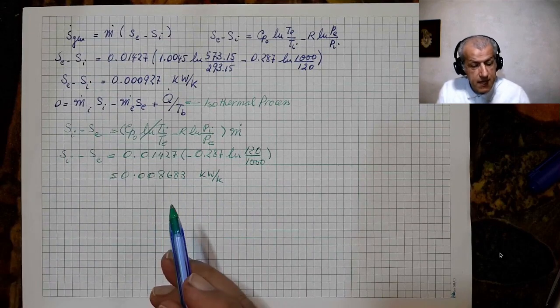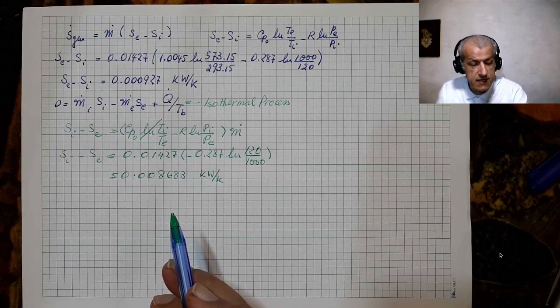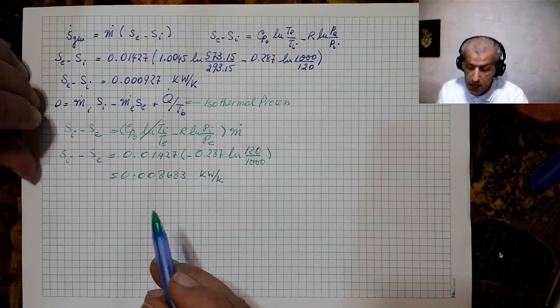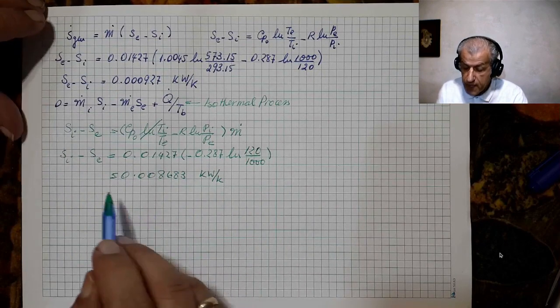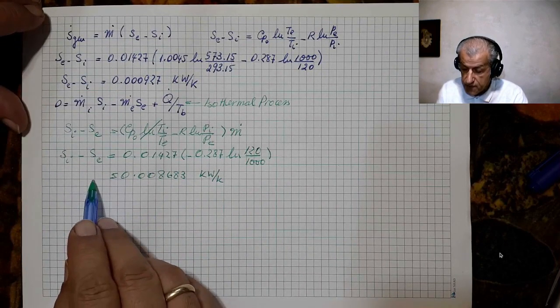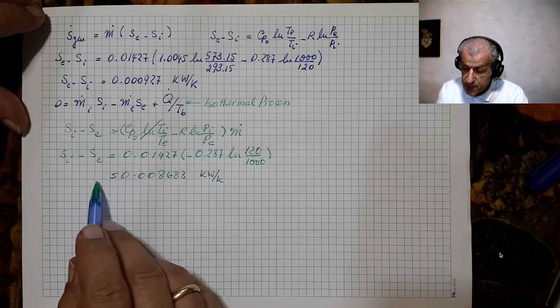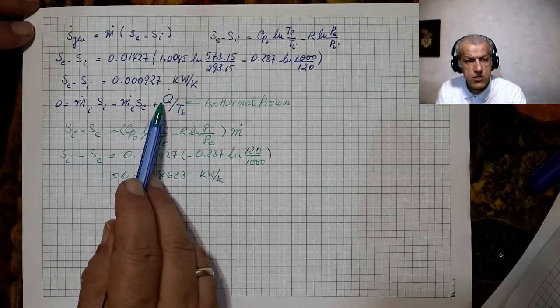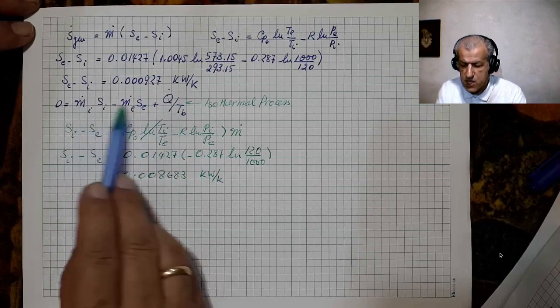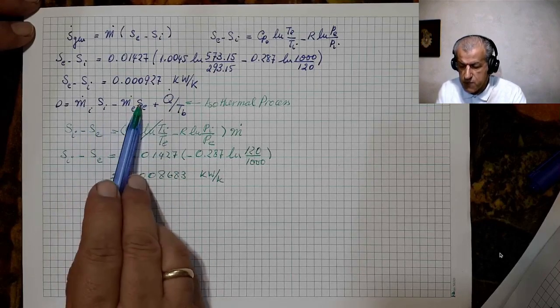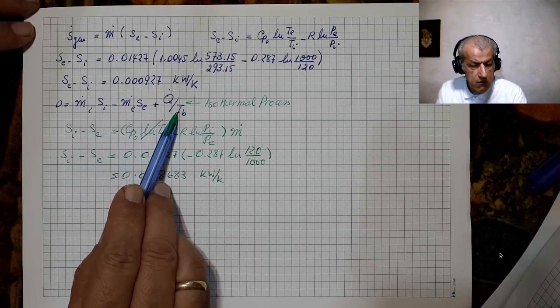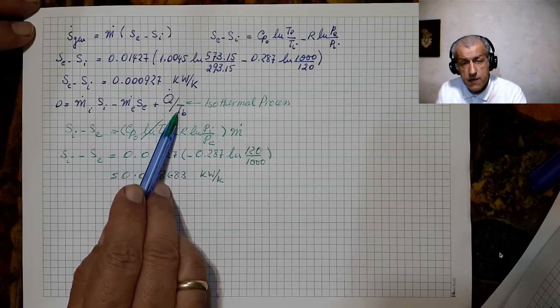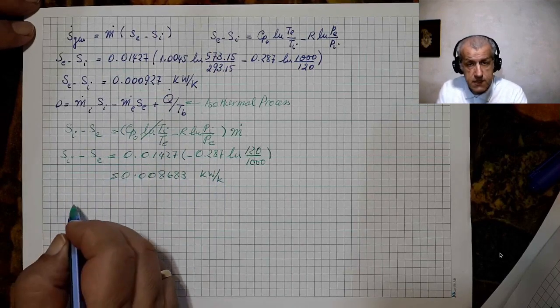So it is correct and makes sense. Now, one step that we could take very easily is to calculate the heat transfer from this equation. For the isothermal process, Q dot over TB equals the change of entropy. So if we multiply this by 293, we could calculate the heat transfer. And let's do that.